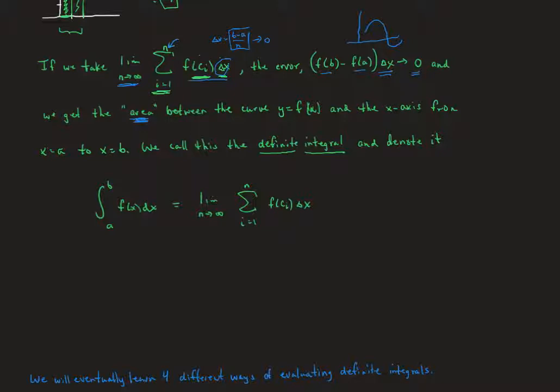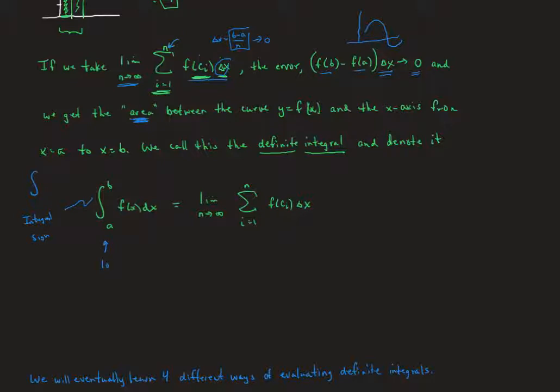And so we call this the definite integral. We now introduce some new notation and some new vocabulary. This symbol is supposed to look like a stretched out S to represent a sum. That's an integral sign.